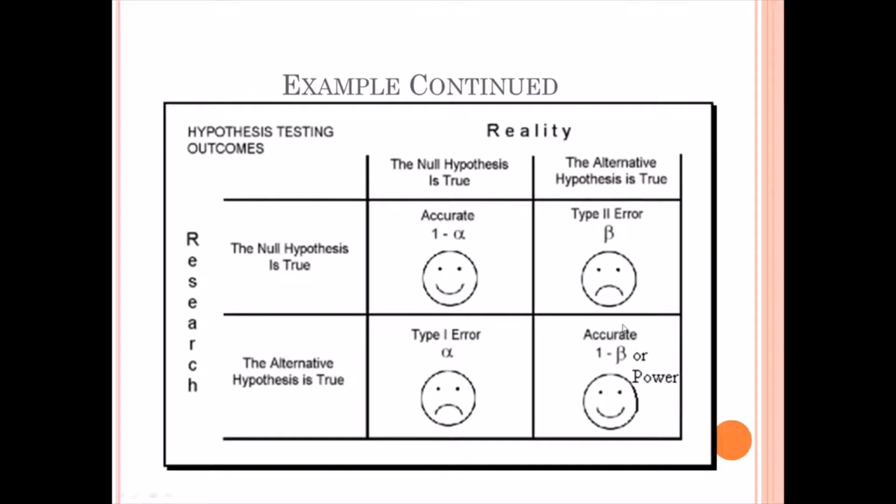And if H0 is false and we reject it, that's what we're supposed to do. That has a probability of 1 minus beta, which we would call the power of your test, because the whole point in doing hypothesis testing is to be able to identify a false H0 that we would subsequently reject.